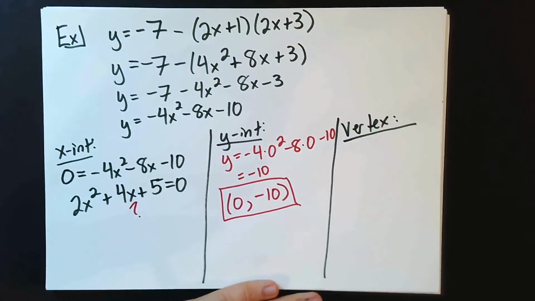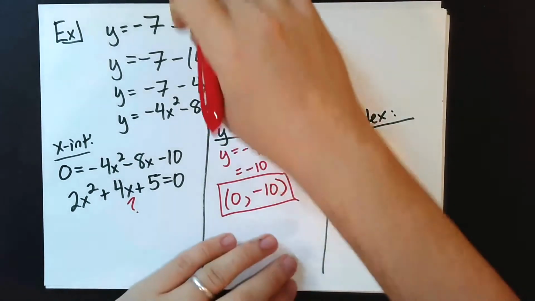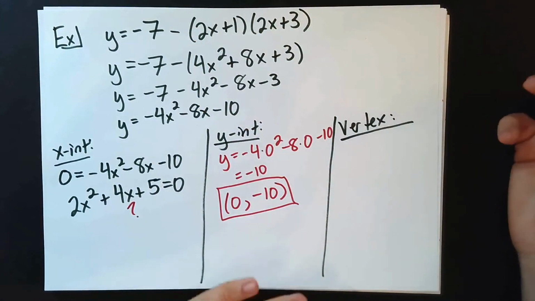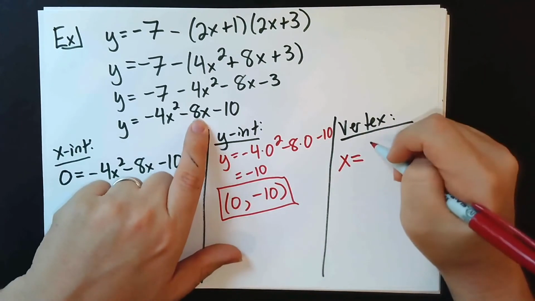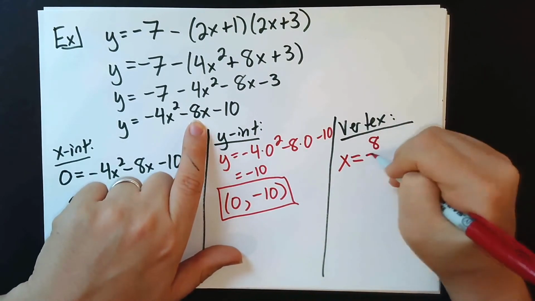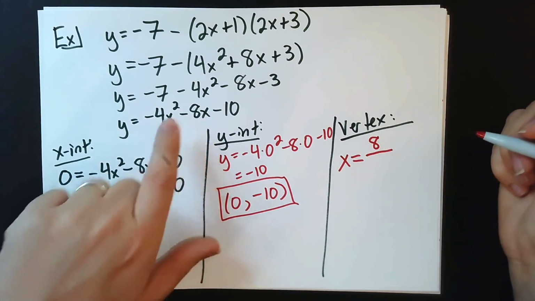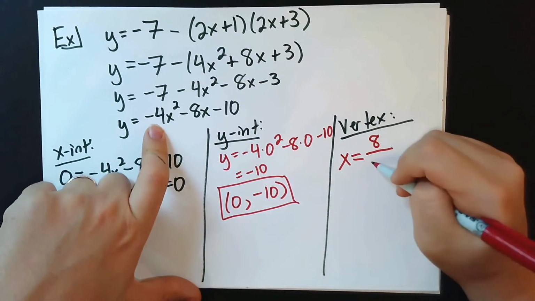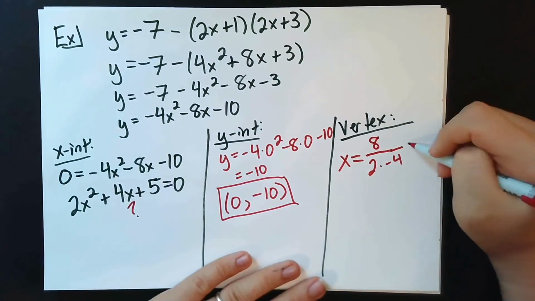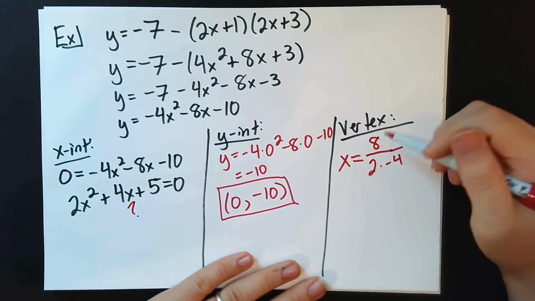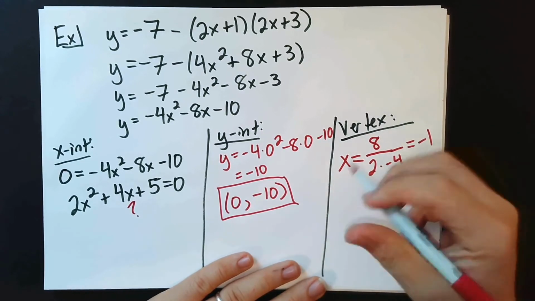What about the vertex, though? Well, the way I find the vertex is, again, that the x-coordinate of the vertex is at negative b, which will be plus 8, divided by 2a, so that'll be 2 times minus 4. And so that will work out, in fact, to be minus 1.